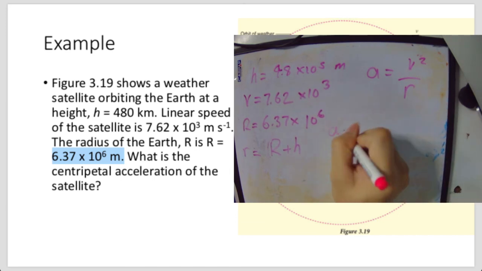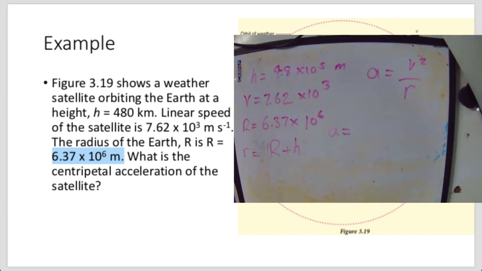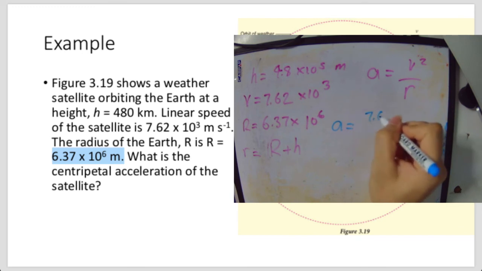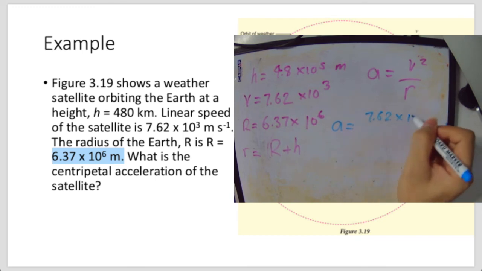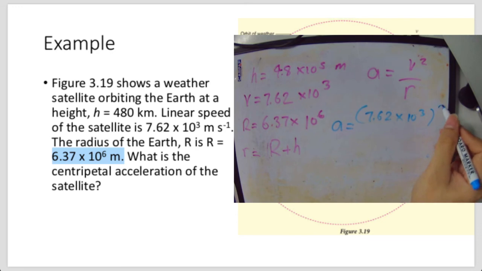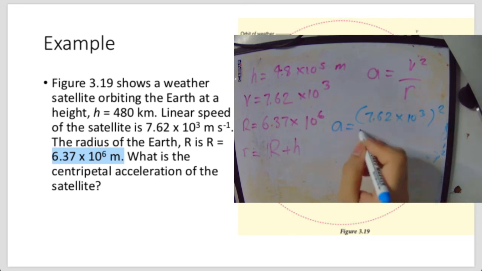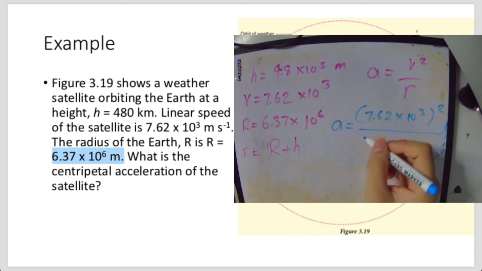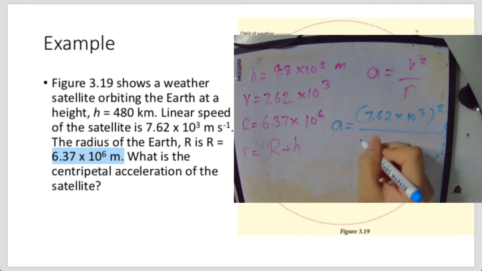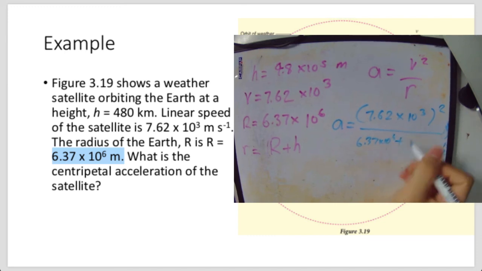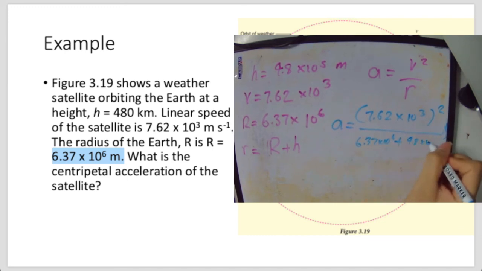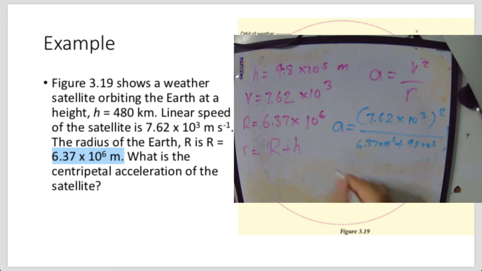So a equals, let me use a different color for this solution, v squared, so 7.62 times 10 to the power of 3 squared, over, you need to combine both of these, 6.37 times 10 to the power of 6 plus 4.8 times 10 to the power of 5. What's our final answer?